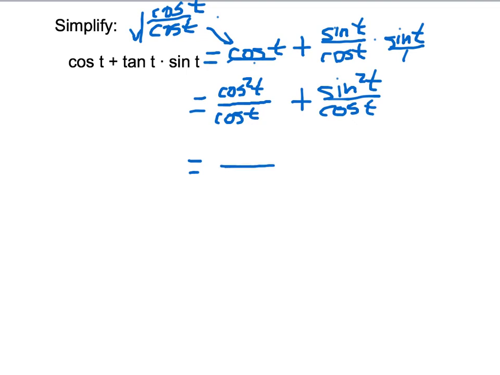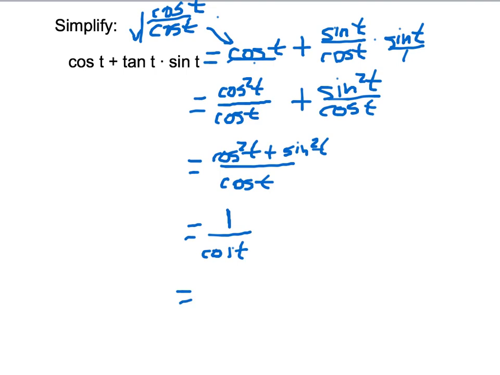And so common denominator says we're going to have cosine of t on the bottom, and top becomes something we should recognize. And so this is key here. We are always looking to simplify. And so rather than keeping this as cosine squared plus sine squared, we know that our Pythagorean identity says that this is equal to 1. So we have 1 over the cosine of t, which by its reciprocal definition is the secant of t.